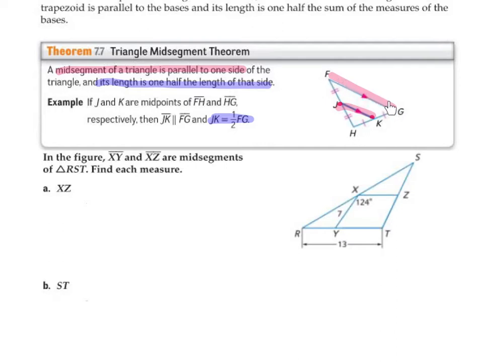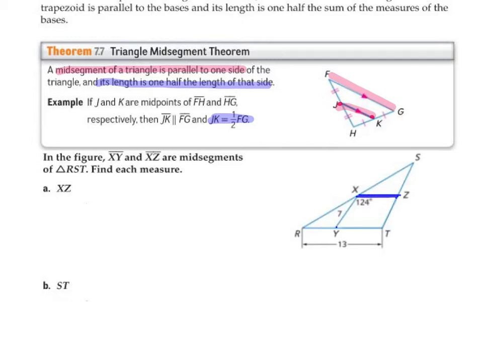So if we're looking at an example of the mid-segment theorem, okay, we can look at our first triangle RST. We're told that XY and XZ are mid-segments. Okay, so XY and XZ are right here. Our first one we need to solve for, we need to find the length of XZ.